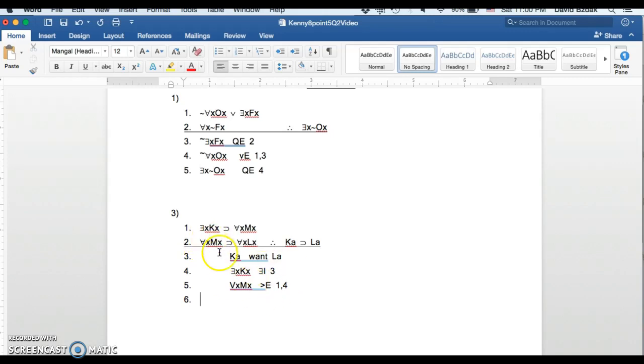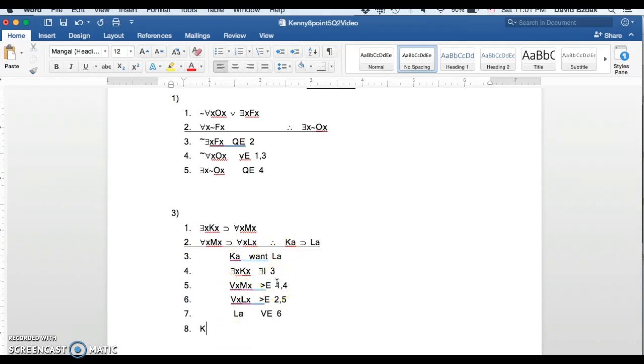Now that's the antecedent of this other conditional, so we can do another conditional elimination, conditional elimination of 2, 5. So what we want is LA, so we can now get LA by universal elimination of 6. And that finishes our subderivation because that's what we wanted.